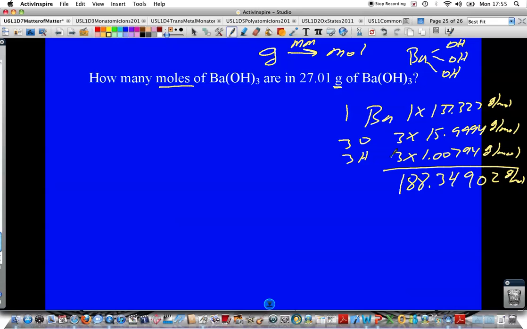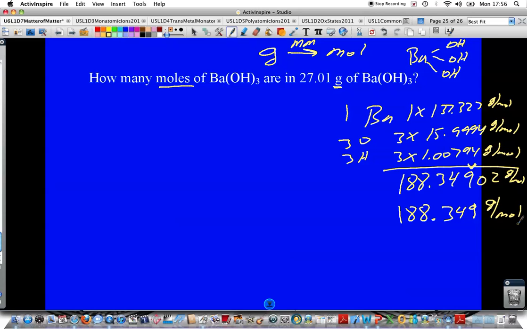Barium has 3 decimal places, oxygen has 4, and hydrogen has 5. So we're going with the least number, which is 3. Our answer is only good to the 3rd decimal place, so 188.349 grams per mole. That's our molar mass rounded to the correct number of sig figs.